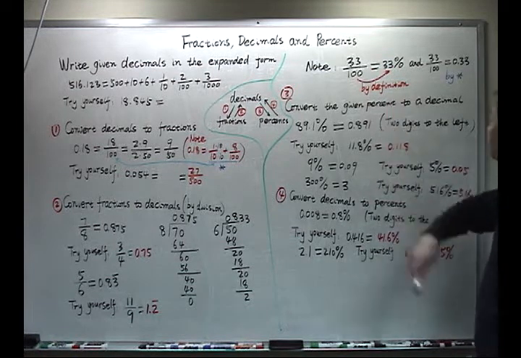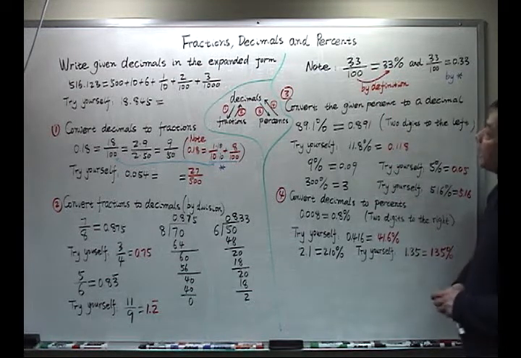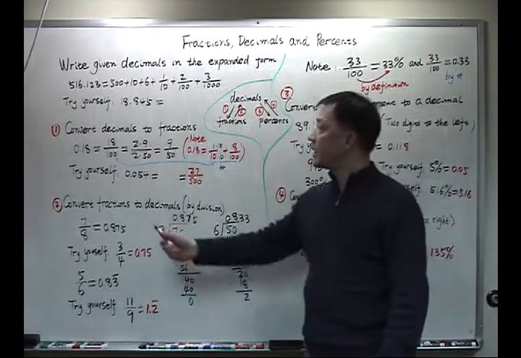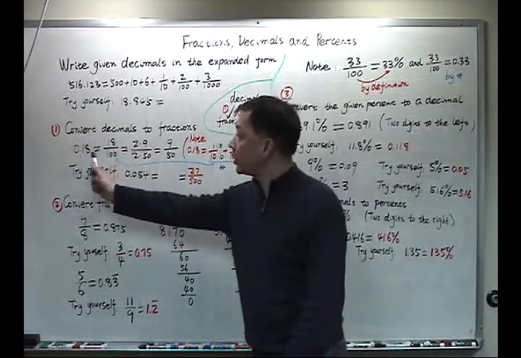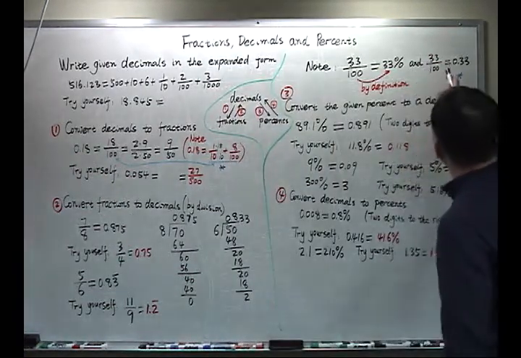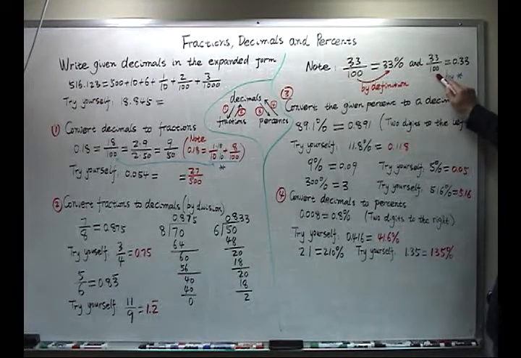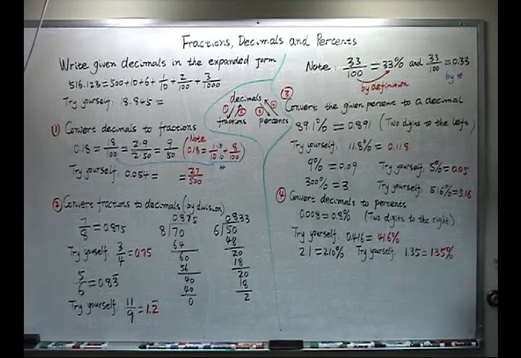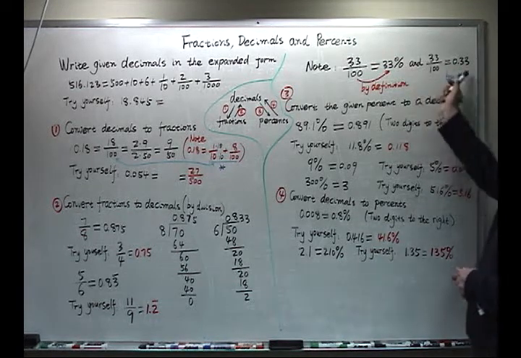Okay, by definition. On the other hand, we know 33 over 100, like 18 over 100 is 0.18. So we know right here 33 over 100 is actually 0.33. We know those 2 are equal.